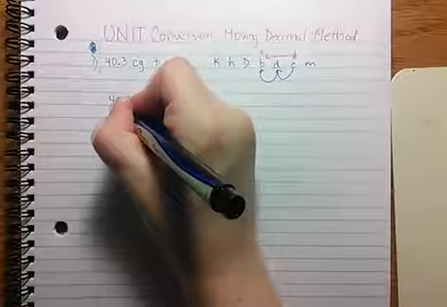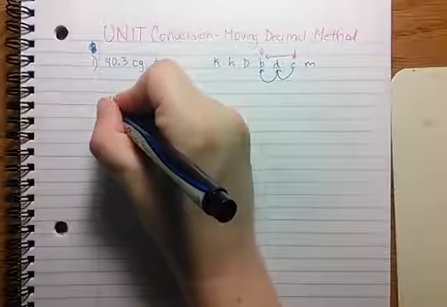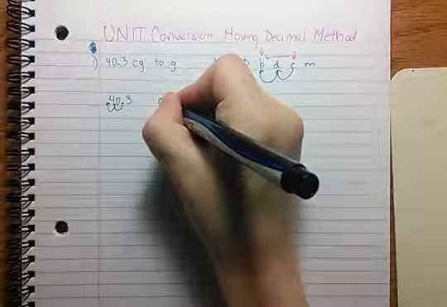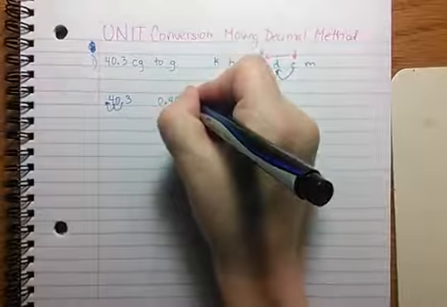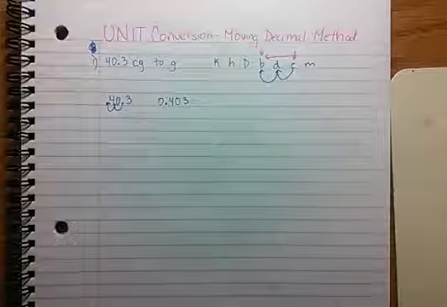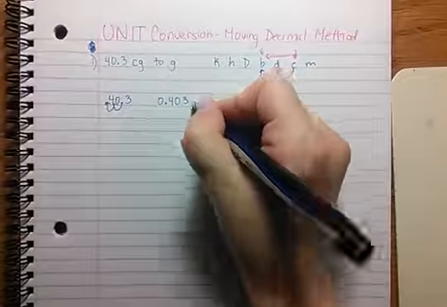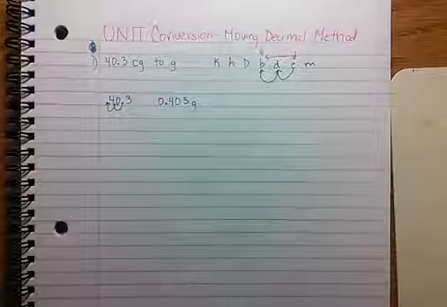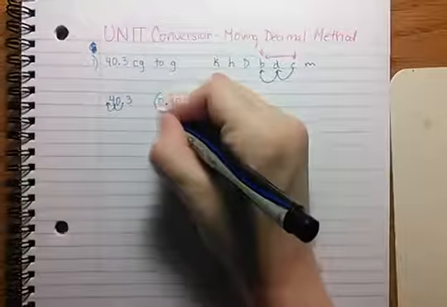So we want to move the decimal over 1, 2. So the decimal ends up there. So we end up with the number 0.403. What this tells us is that 40.3 centigrams is the same as 0.403 grams.